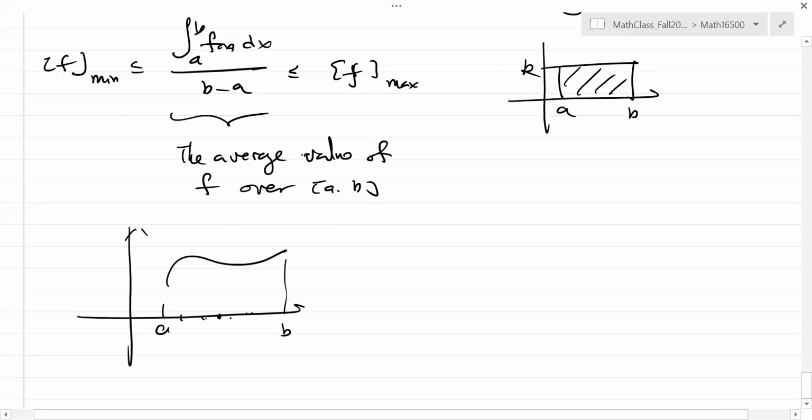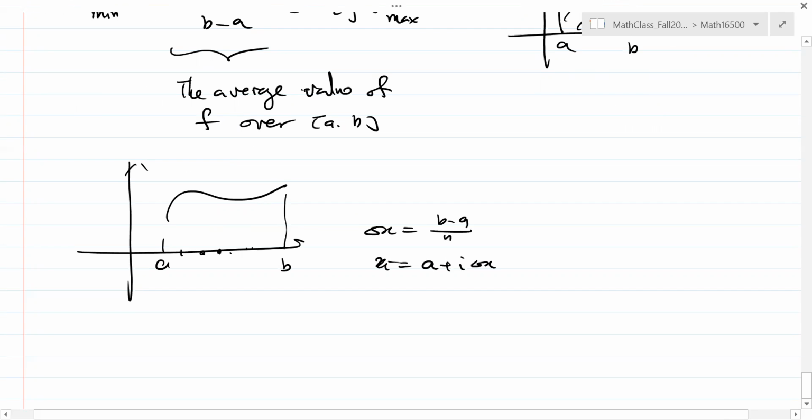So delta x is (b minus a) over n, right? And x_i is going to be a plus i delta x. Okay, what does the Riemann sum mean? The Riemann sum divided by b minus a.